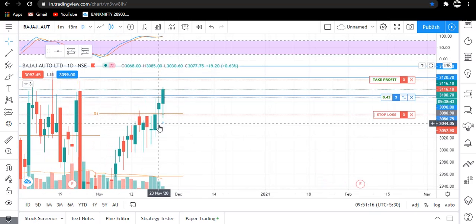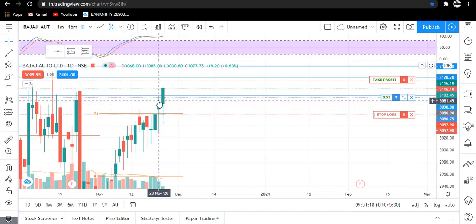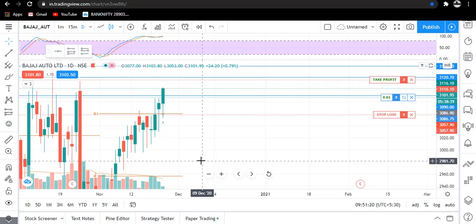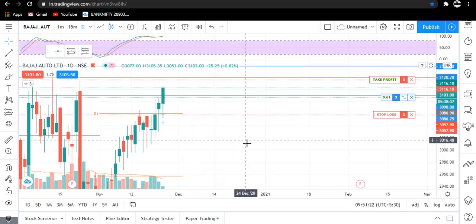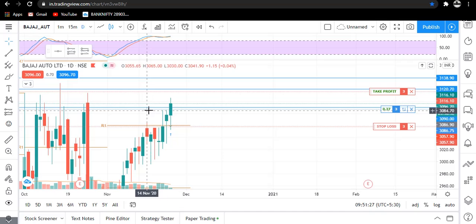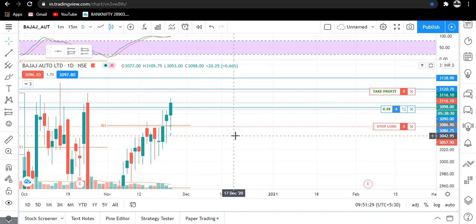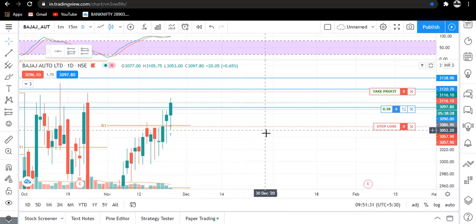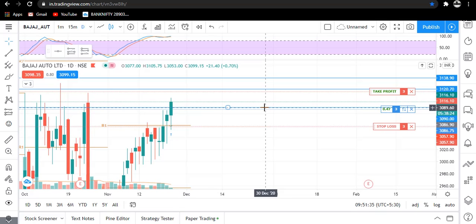Here you can see it was a complete bullish candle. So what I did here, traders, I marked this high with some points above it with a horizontal line, so it was acting as a resistance. So I placed an order at this resistance.